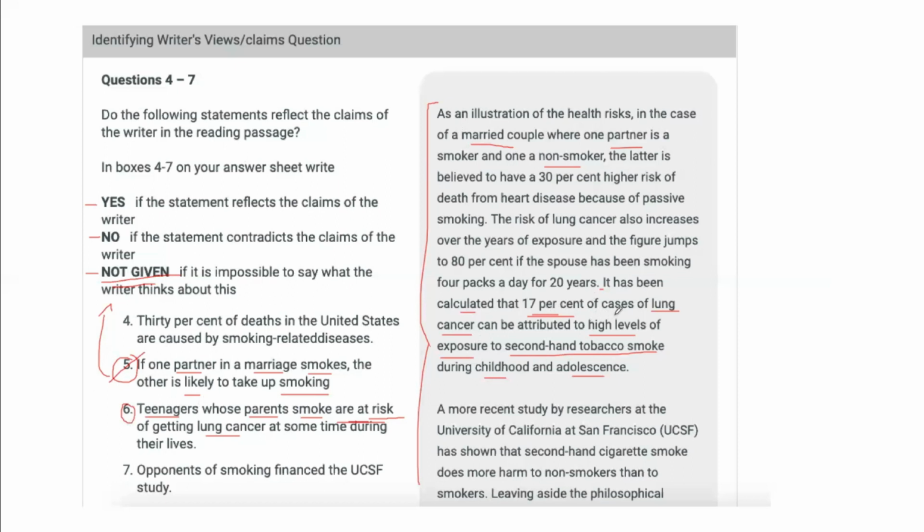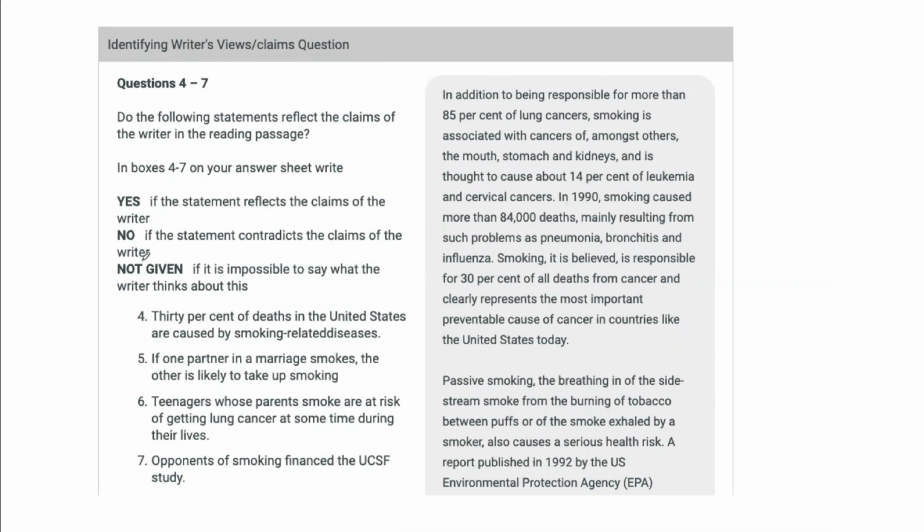And we have the statistic to also back it up. And so number 6 would definitely be yes, although a lot of people would put not given. Okay, so we've looked at an example of yes, we've looked at an example of not given.